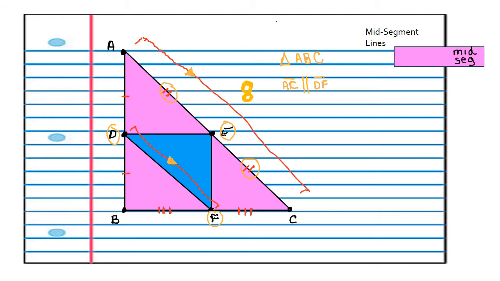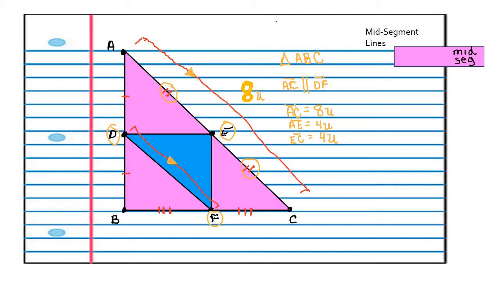The next thing is that we're told that A to C equals 8 units. So I'm going to put a U there so that we know it's 8 units. That means that from A to E equals half of that, which is going to be 4 units, and E to C is half of that, and that's going to equal 4 units.